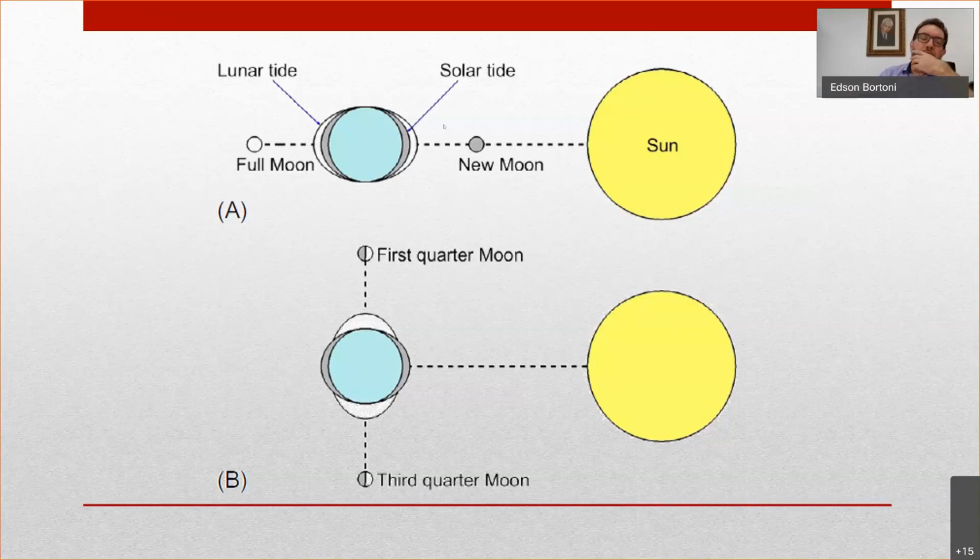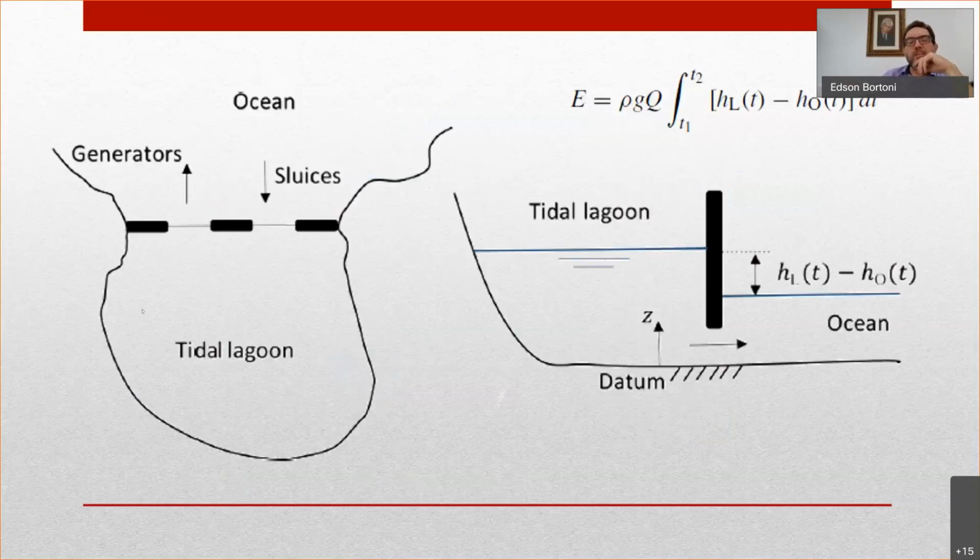So you have a variation of the height of the waters depending on the position of the moon. Considering this, you can have gates when you have a difference of height. During the night you have the high tide, so the water comes to a lake, a lagoon, and during the day the ocean goes down, and you have a difference of height here.